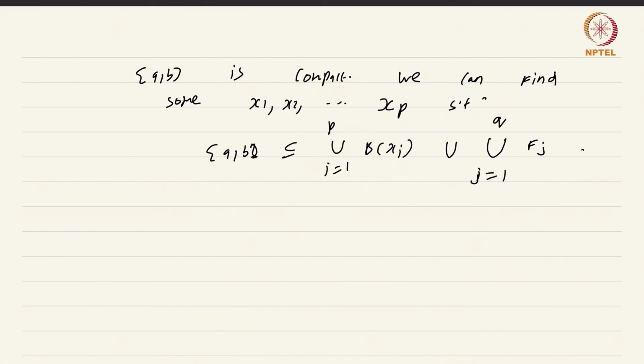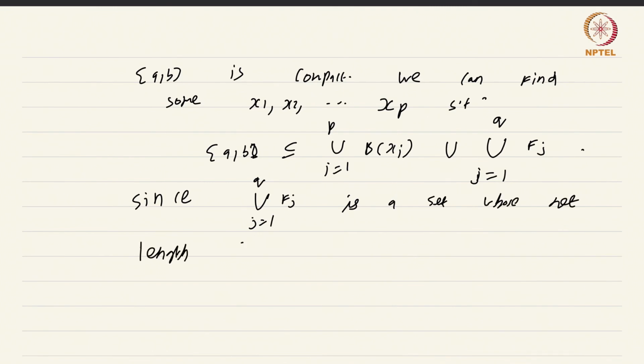Well, since the union over j equal to 1 to q of F_j is a set whose net length is less than epsilon, we have the integral over B of S_n is less than or equal to M times epsilon, where M is the supremum of |S_1(x)|, or rather I can just write it in shortcut notation as the sup norm of S_1.